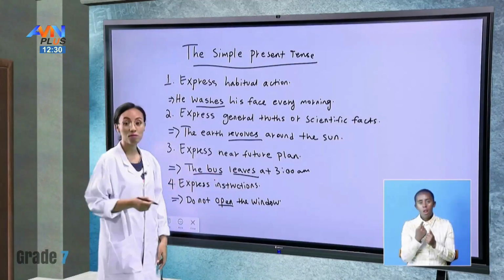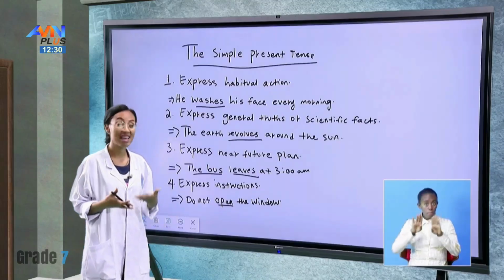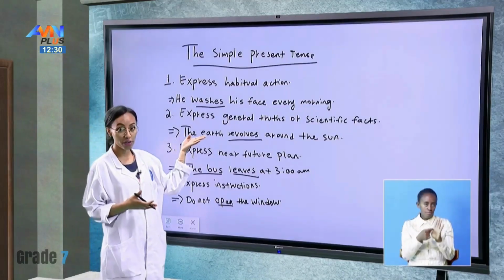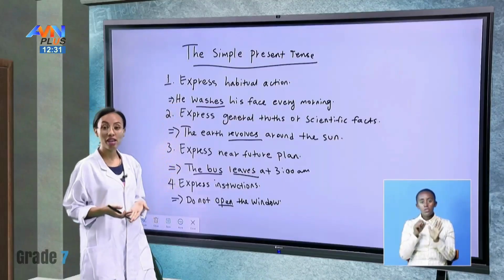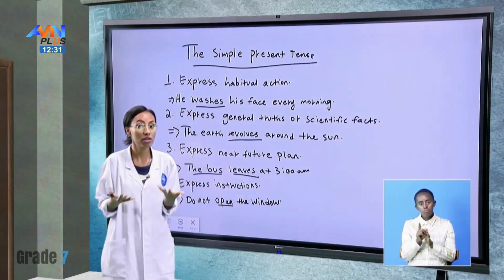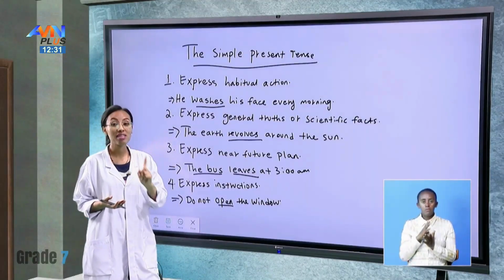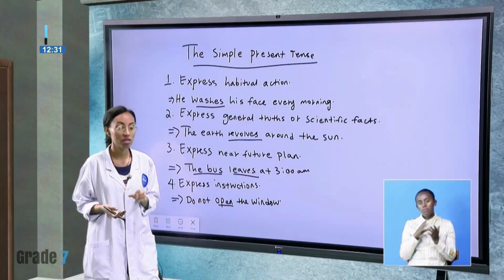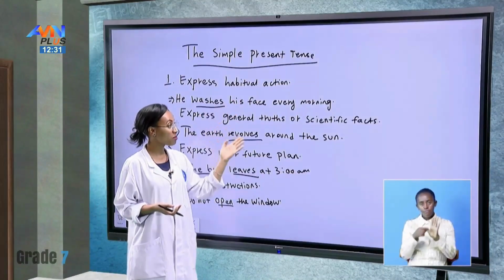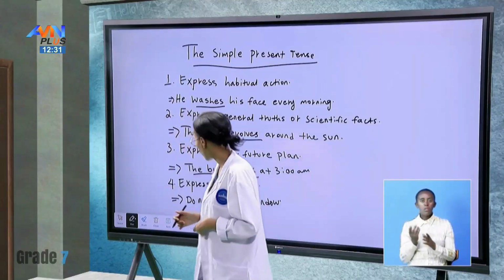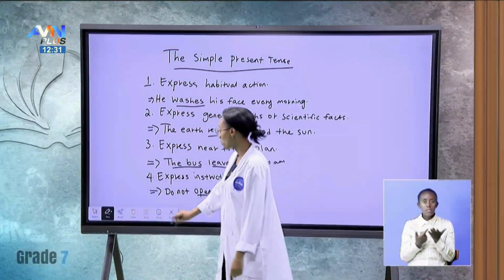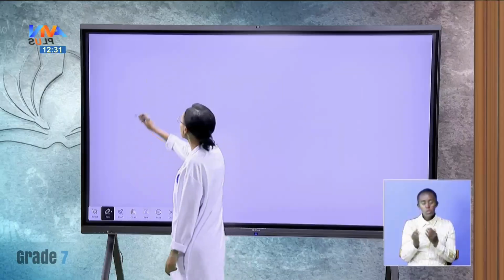The bus represents it, and in the first example, he represents a person, again third person singular. So our verbs take es or s depending on the verb. So this is the fourth way of using the simple present tense.